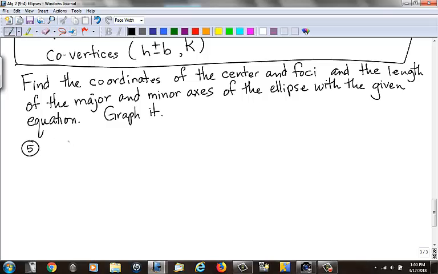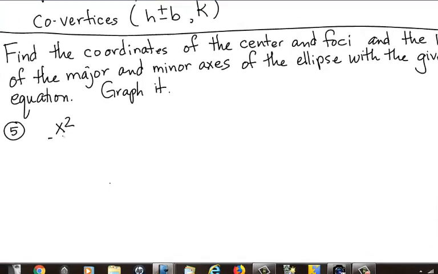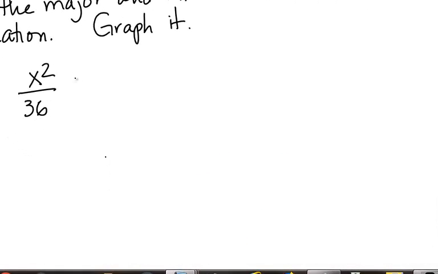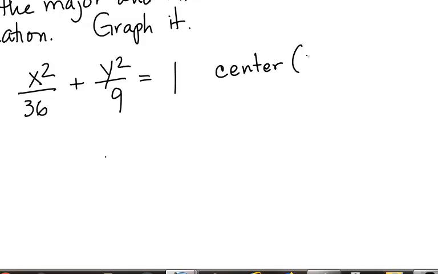Okay, they give you the equation: X squared over 36 plus y squared over 9 equals 1. So this one, they're being nice. It's already at the origin. So we already know the center. The HK is 0, 0. Okay, to do the foci, you got to find the C. What's the A squared?